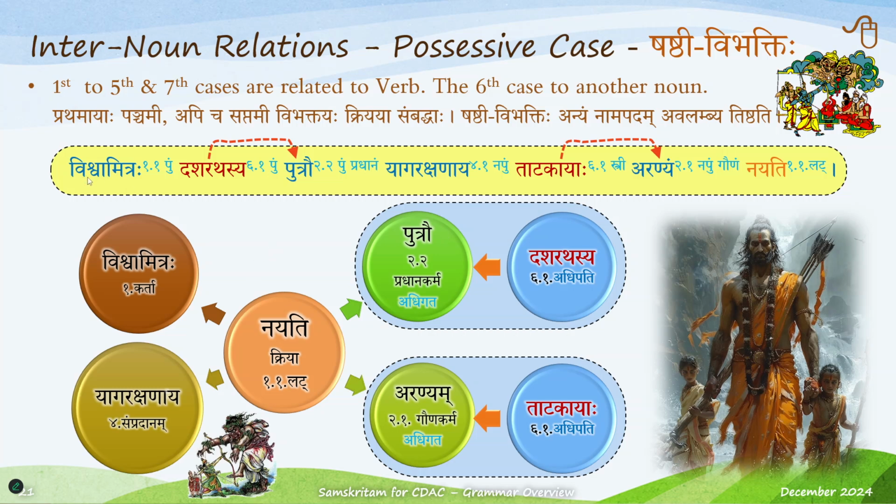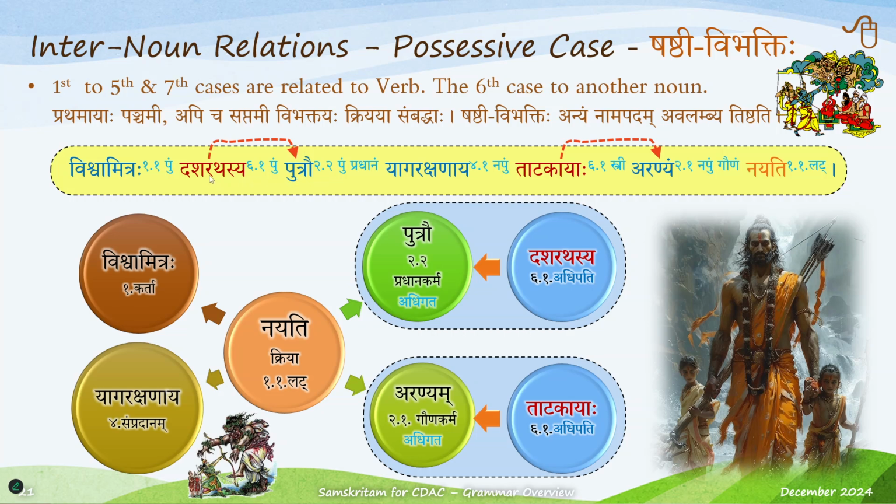Shashti is linked directly to another noun. For example, we saw this example: Vishwamitrah Dasharathasya putrau yagarakshanaya Tatakayah aranyam nayati. Tatakayah aranyam: the possessor of the aranya is Tataka, in the sense that she controls it at that time. Dasharathasya putrau: the two sons of Dasharatha, who are in karma position.